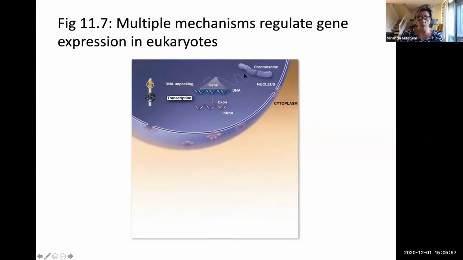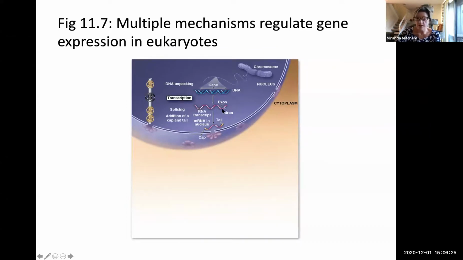It has to be unwound in the form of the chromosome so that the transcriptional enzymes and materials are able to get in there to use that DNA sequence as the template to produce messenger RNA. So that is the process of transcription. So if this process doesn't happen, that is a level of regulation.